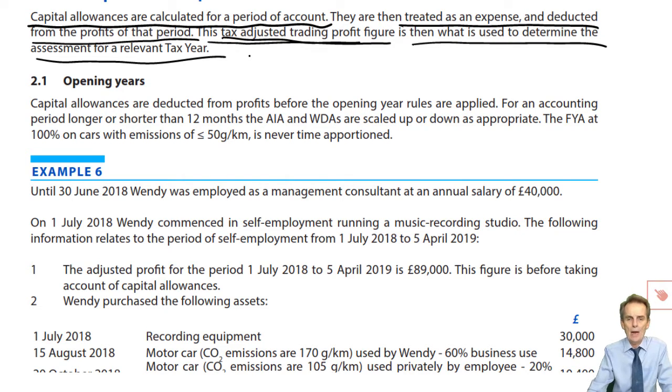So what happens in that opening period, and it's the only time we'll face this problem, to our capital allowances if it's other than a 12-month period?